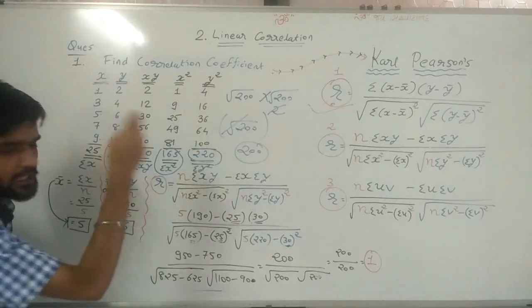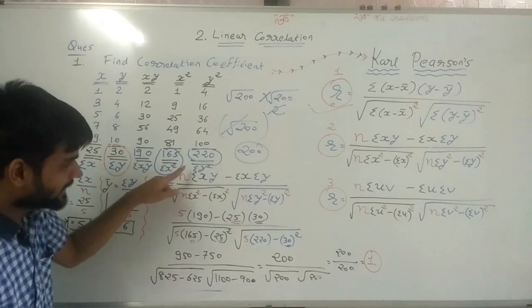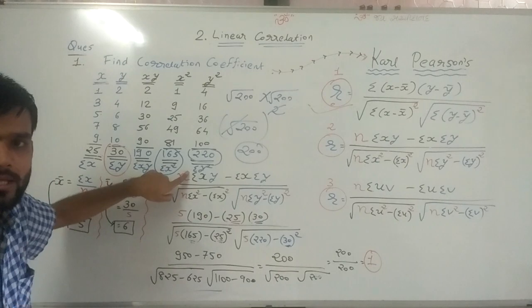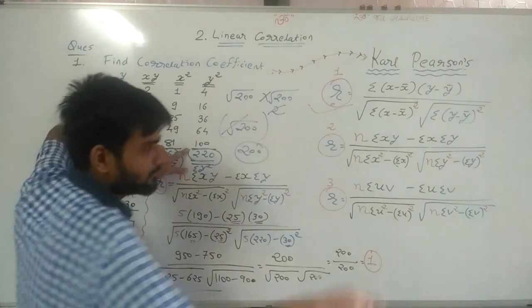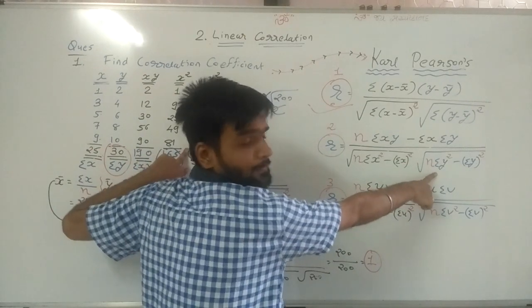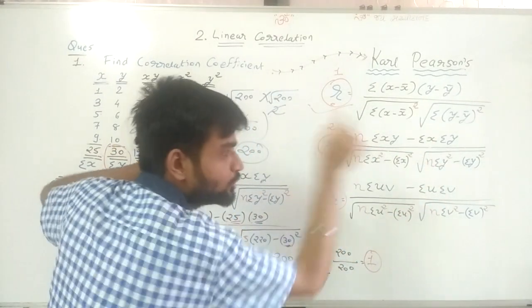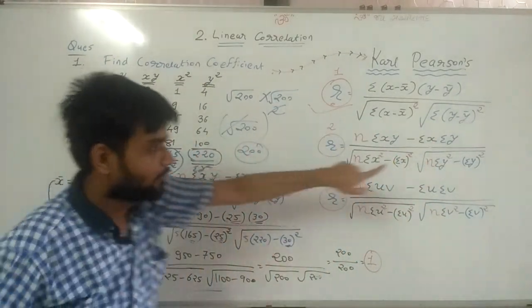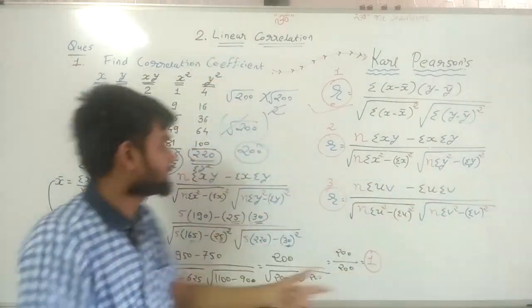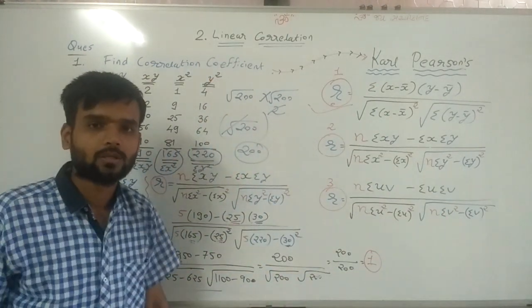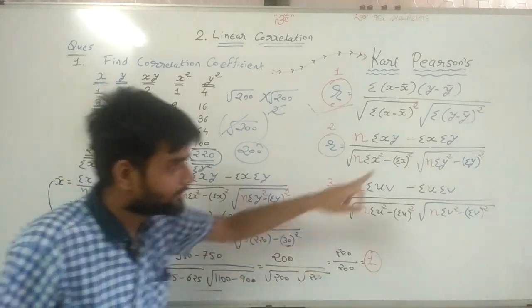And make the total of that y square column, we get sigma y square. So this sigma y square 220 we will use here. N sigma y square. So we will use here 220. N is equal to 5. Sigma y square is equal to 220. Now next what do we need?